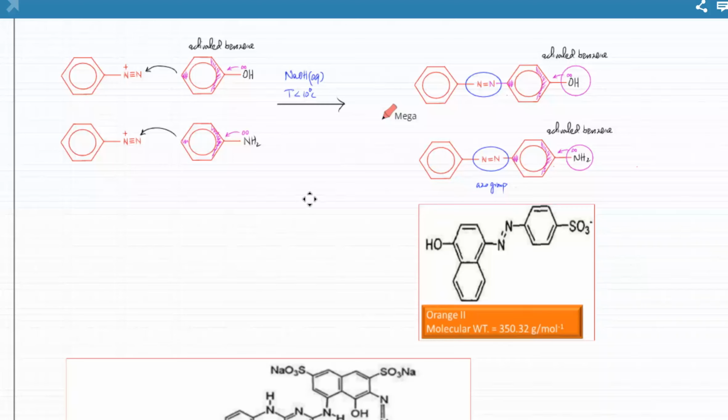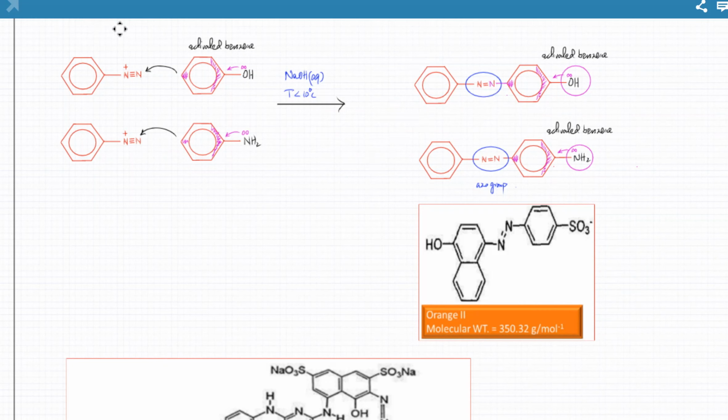Yes, thank you, sir. Now, the difficult part is sometimes they will give you the azo dye and you would have to figure out the original reactants. This is one thing that gets slightly tricky.